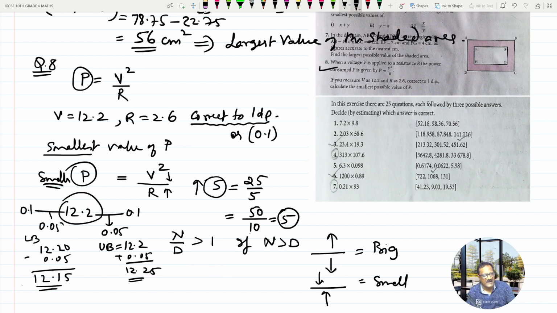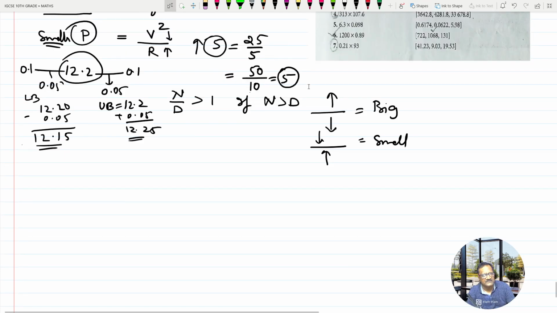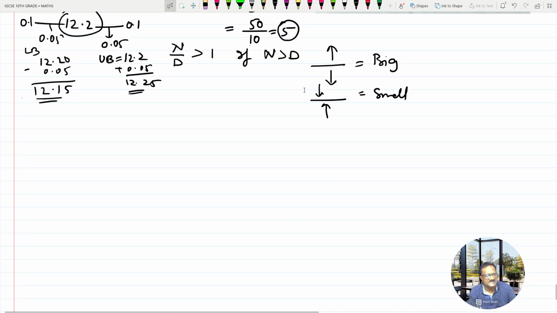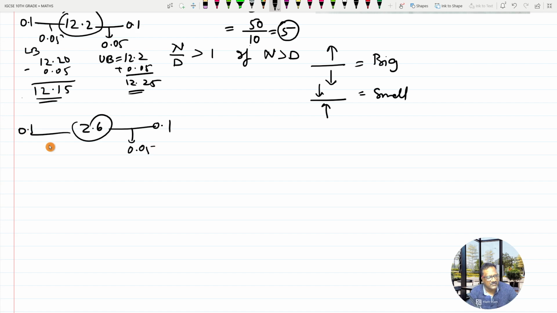Okay. That was for 12.2, that is voltage. Similarly for R, let me find out for R. Now R value is what? It is 2.6. So for 2.6 also, I will find out the upper and the lower bound. So this is halfway of 0.1, that is 0.05. Now this will be added, this will be subtracted.